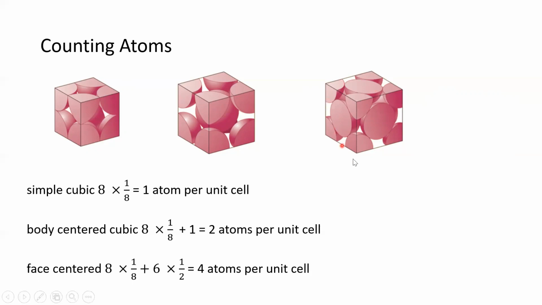So a face-centered unit cell has 4 atoms in it. And that helps to show why the simple cubic unit cell is the least efficient, whereas the face-centered cubic cell is the most efficient way that atoms or ions are arranged in a crystalline solid.